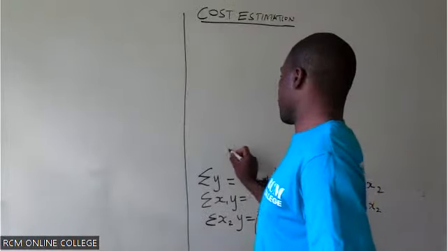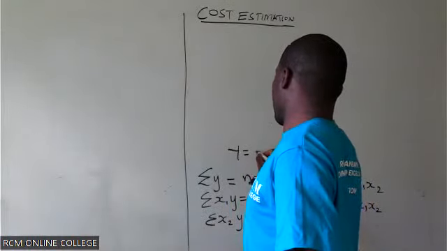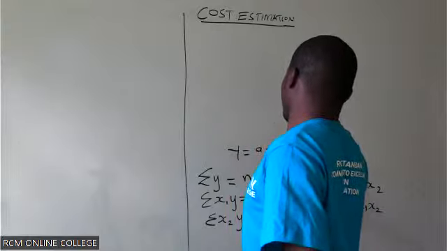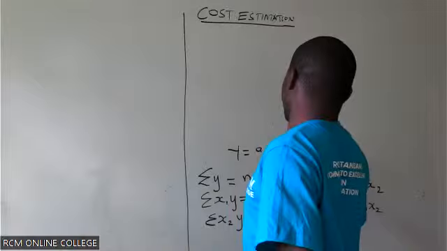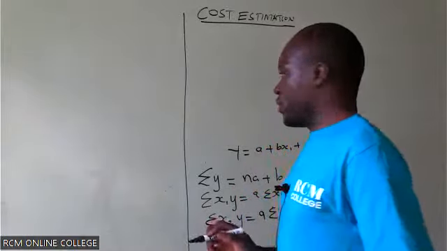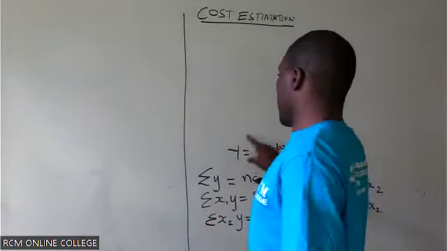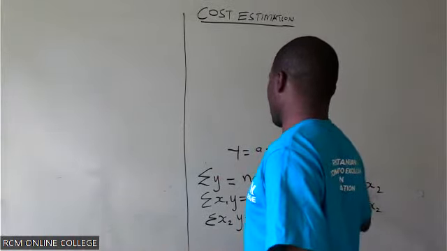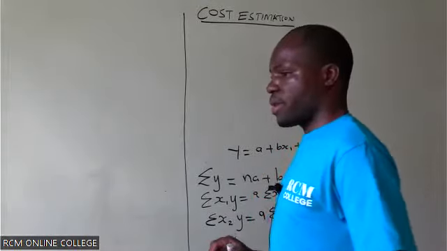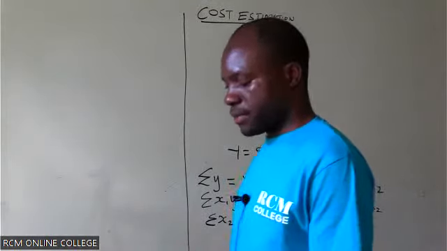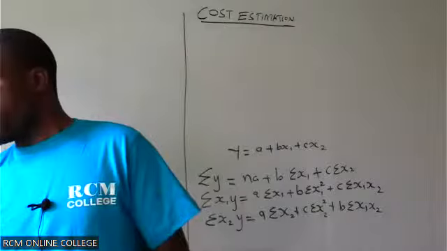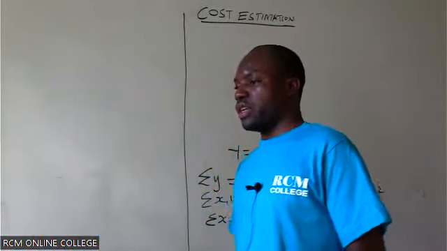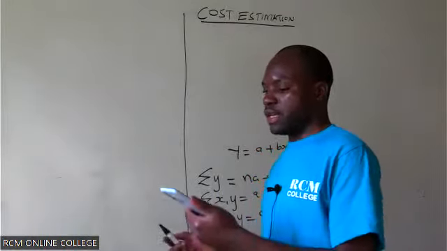Remember, the cost function is Y equal to A plus BX1 plus CX2. So are we able to identify what represents Y, what represents X1, what represents X2?